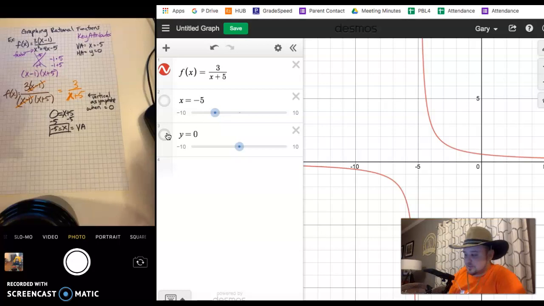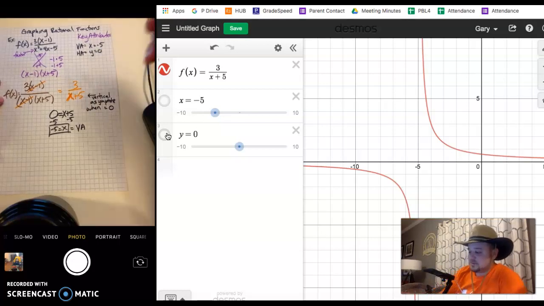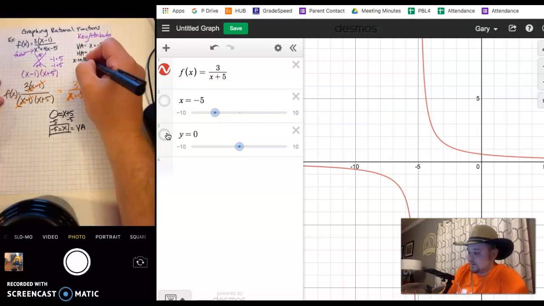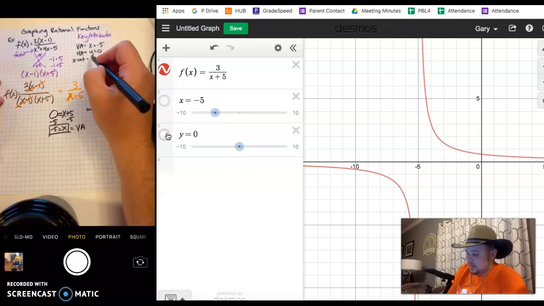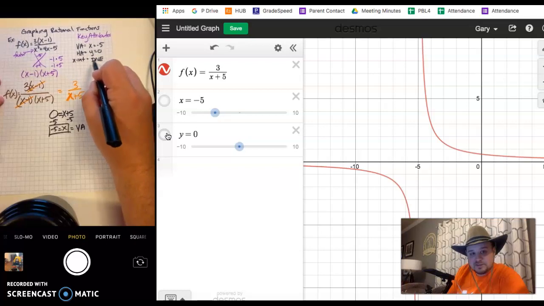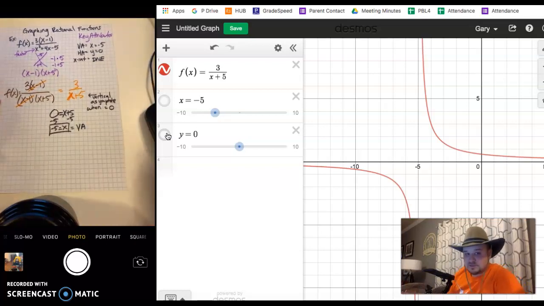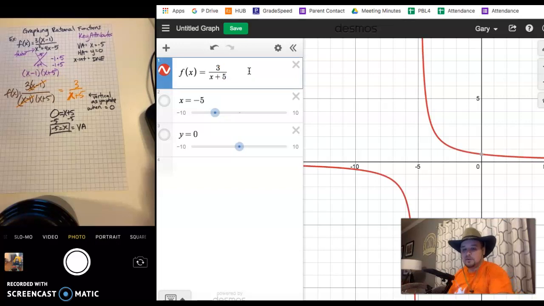Let's talk about x-intercepts. Because we have a horizontal asymptote here, we're not going to have an x-intercept, so I'm going to put DNE, does not exist. The reason I'm saying that it does not exist is because we have a horizontal asymptote here. The only time you're actually going to have one of those is when you move your function up by adding a number there.